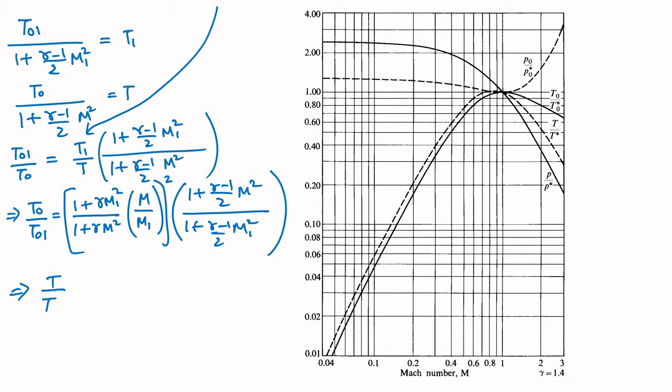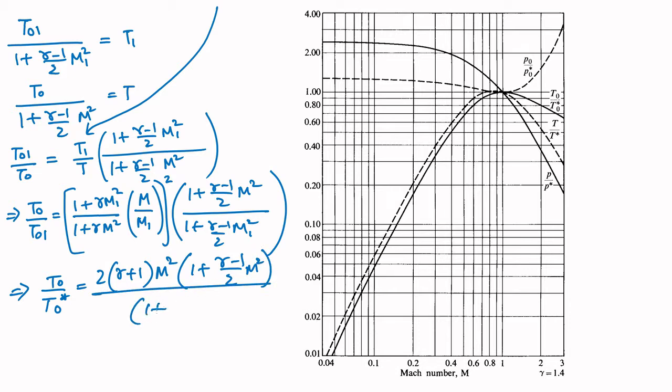So we can write that T0 by T0 star, which refers to the Mach 1 condition, if you put M1 equal to 1, is essentially 2 times gamma plus 1 M squared times 1 plus gamma minus 1 by 2 M squared divided by 1 plus gamma M squared whole squared.